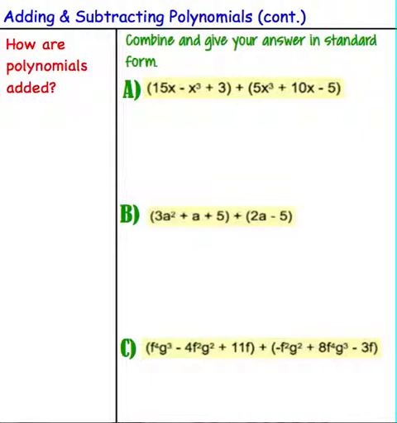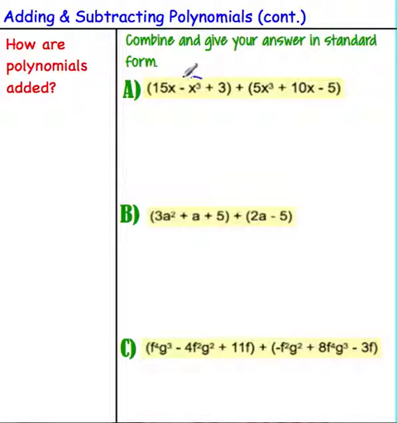So first thing I want to look at is highest degree. And when I combine them, I look at the symbol in front of it. I realize these are adding and subtracting signs, but adding and subtracting mean the same thing as positive and negative. So if you think of them in terms of positive and negative, then you can put pluses and minuses based on whether they're positive or negative in front.